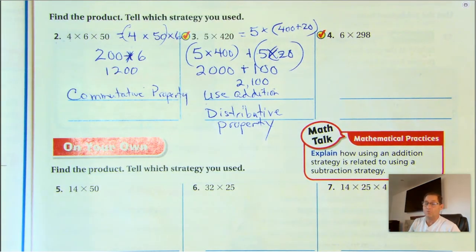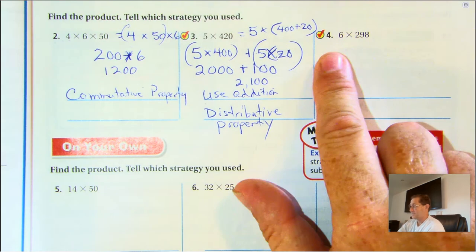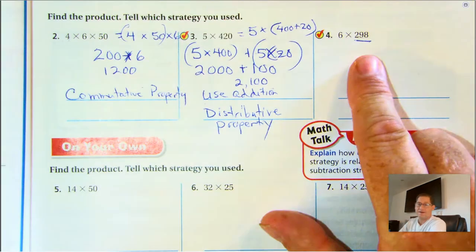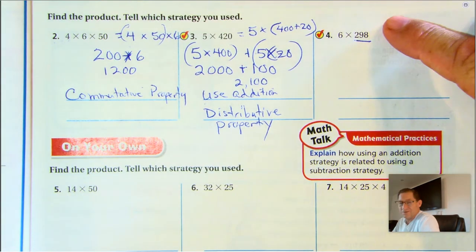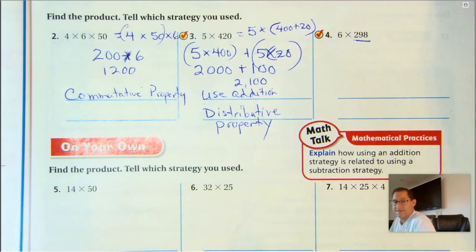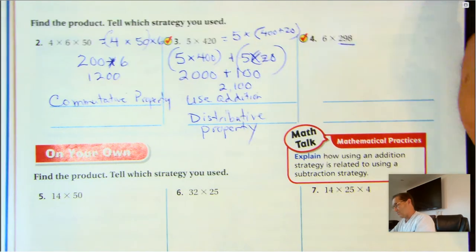Again, these are just one strategy you can use. You can look through and use a different method if you want, a different strategy. Now 6 times 298. I look here at the 298 and I notice that, you know what, that's really close to 300, right? Well, if it was 6 times 300, that would be a piece of cake to do. So why don't we do that?